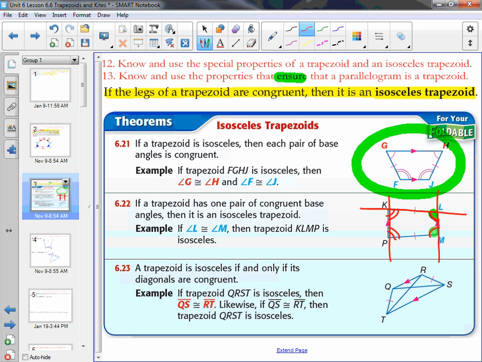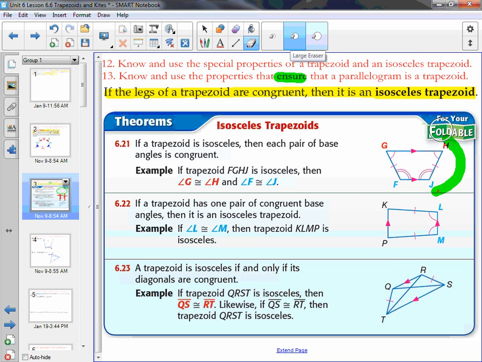So remember the theorem we had that said if two angles are supplements of the same angle or of congruent angles, then those two angles are congruent? Angle K has got to be congruent to angle P, doesn't it? So when you know you have one pair of congruent base angles, you actually know that you have both pairs of congruent base angles. Okay? So all it takes to prove that a trapezoid is isosceles is knowing that one pair of base angles are congruent.